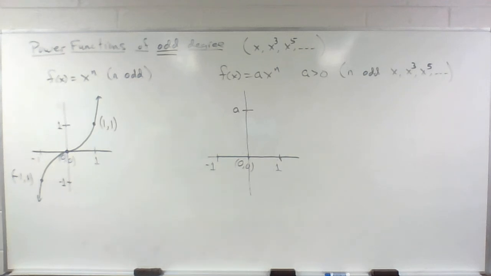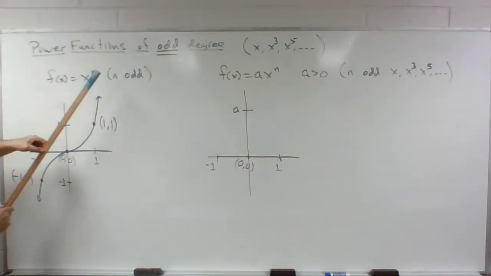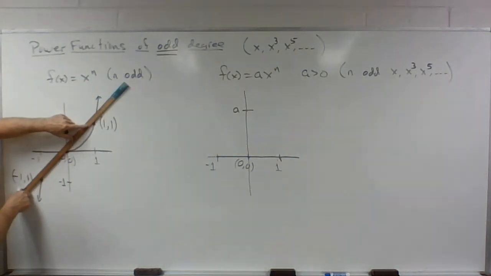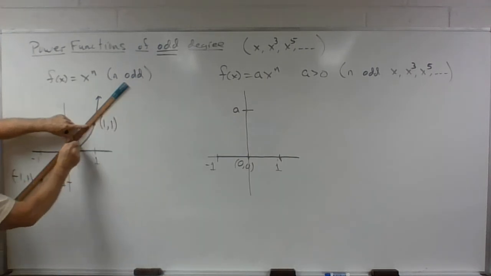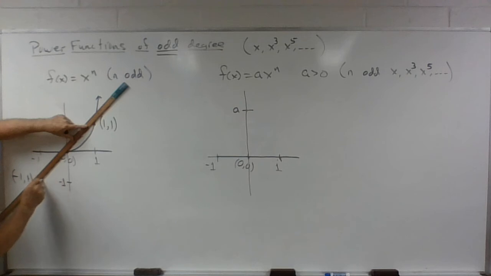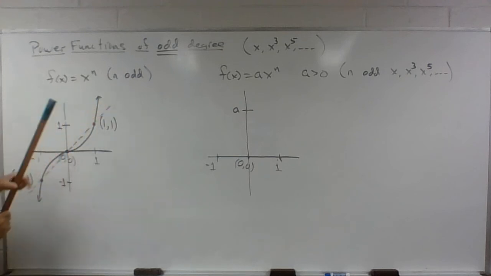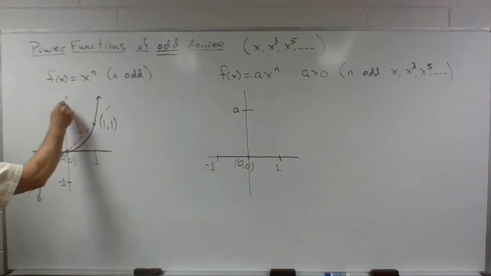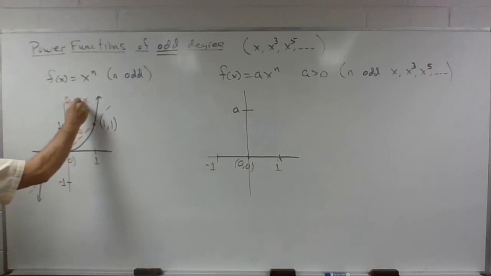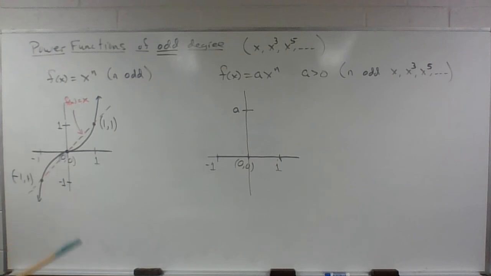So if f of x equals x, our graph is going to look like this. It still goes through the key points, but f of x equals x is the equation of a line.